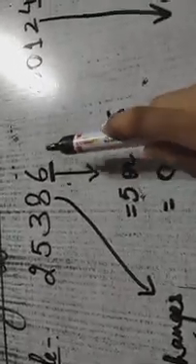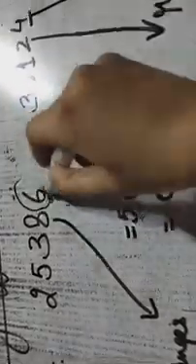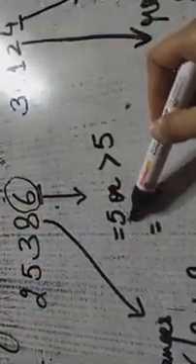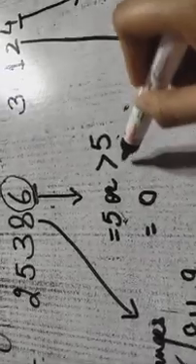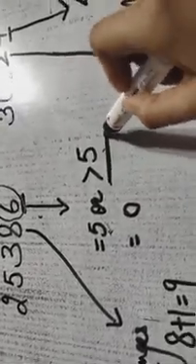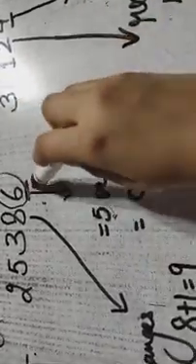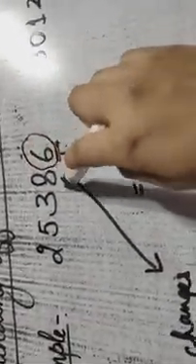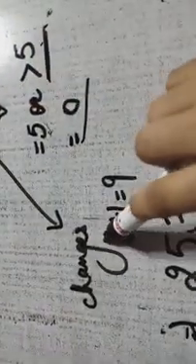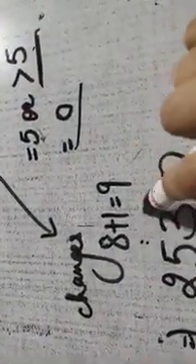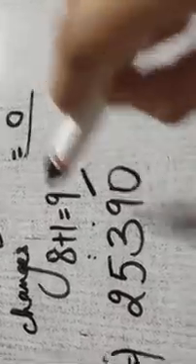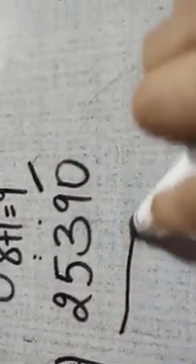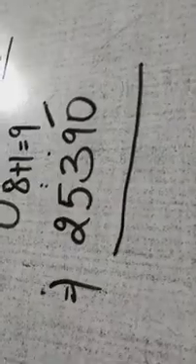Okay, so if this ones position is equal to 5 or greater than 5, then this digit will become 0. Okay, and this tens digit will change. It will change plus 1, 9 it has become. So the new number is 25390. Okay, so we have rounded it off to the nearest tens.